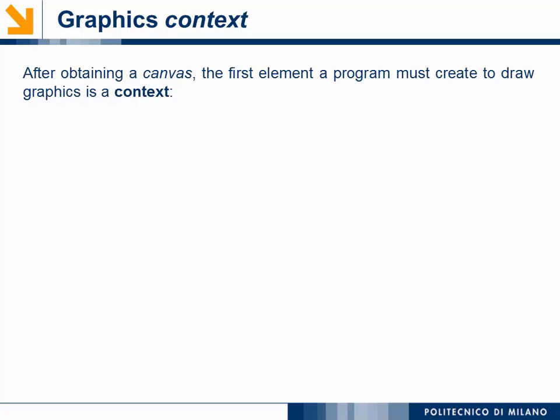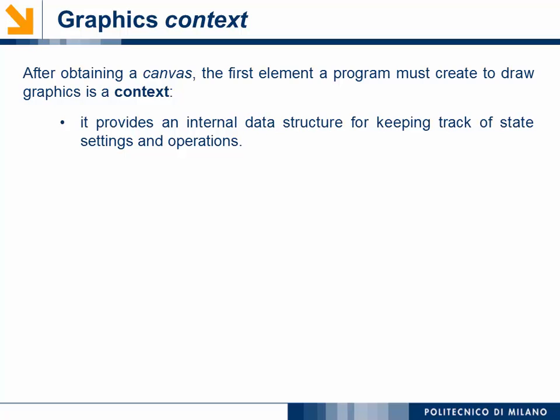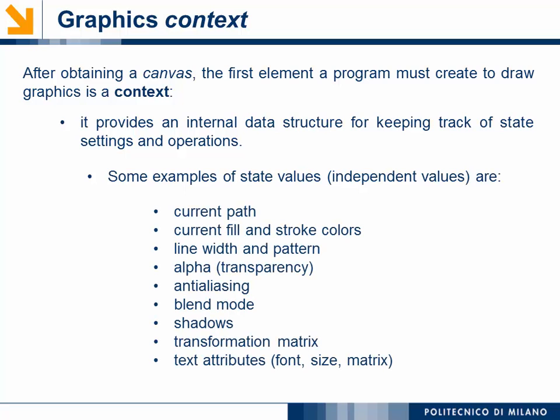After obtaining the canvas, we then have to create a context. The context is the data structure that keeps track of all the state settings and the operations that we are going to perform. So we have a canvas. Attached to the canvas, we have a context. Those are the state values that can be set in a context.